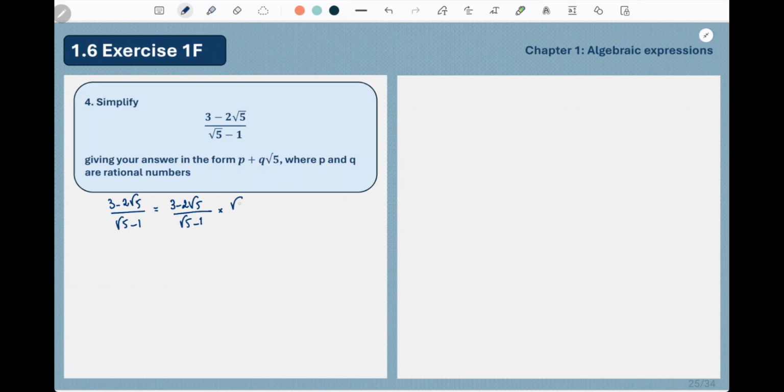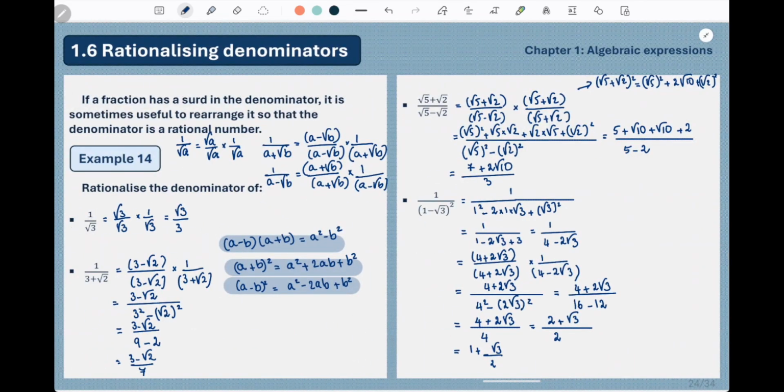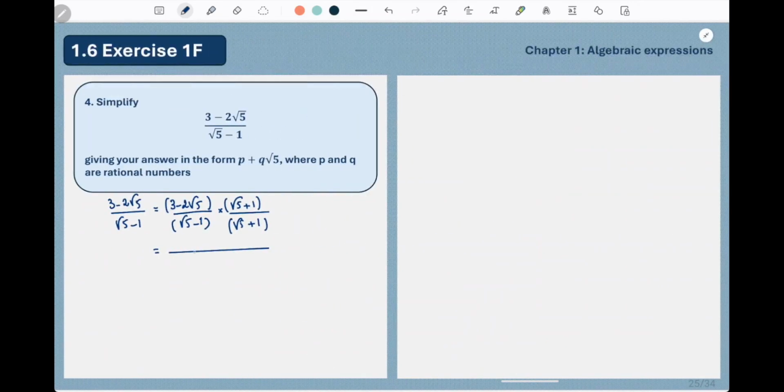So we're going to multiply by square root of 5 plus 1 over square root of 5 plus 1. I'm going to put everything in brackets. And in the denominator, we're going to use the law over here, which is the difference of squares, and in this case my a is square root of 5 and my b is 1.